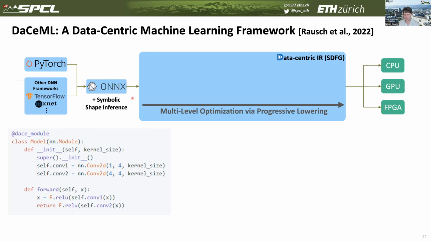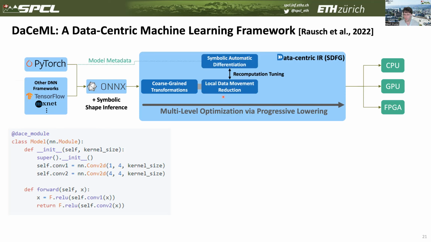Now, this goes through a few different steps. First, we start with coarse-grained transformations. Then we move on to local data movement reduction. And at this point, we do symbolic automatic differentiation, not on your original neural network graph, but on this lowered and optimized SDFG. This is very powerful.